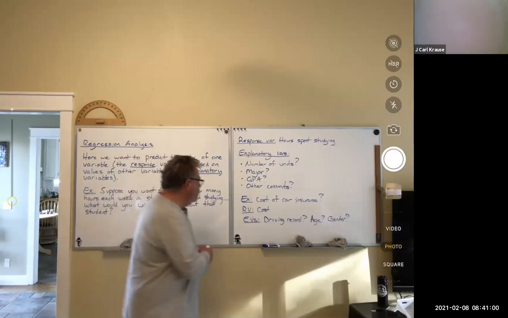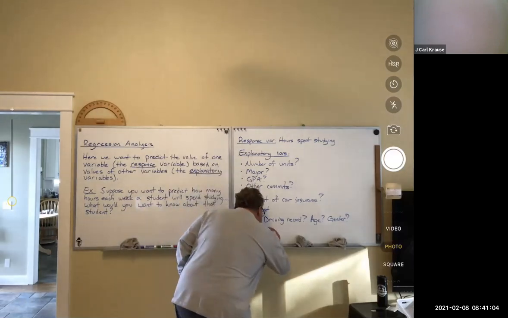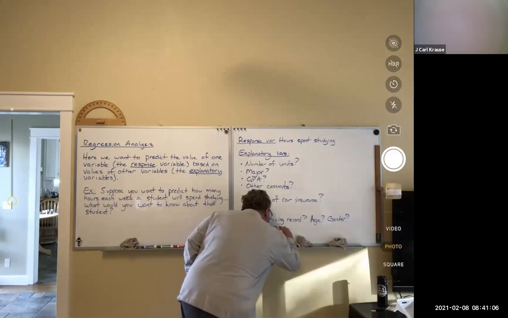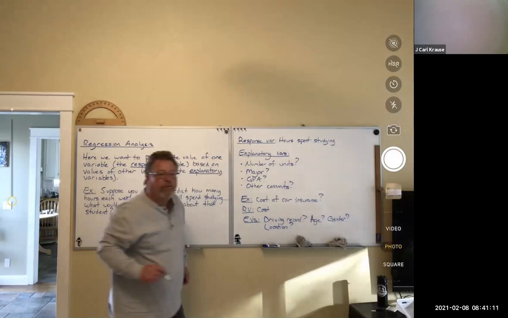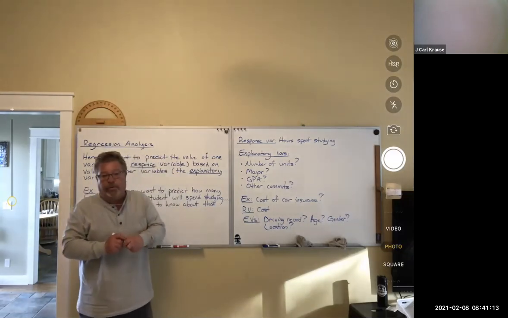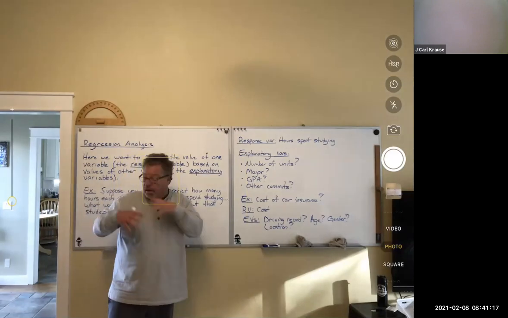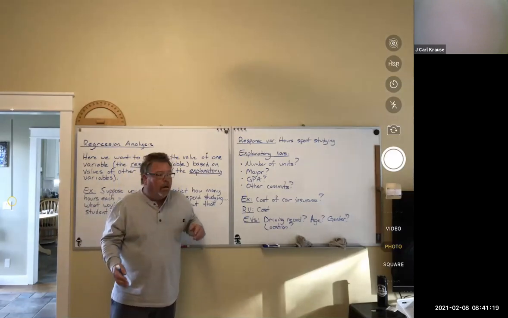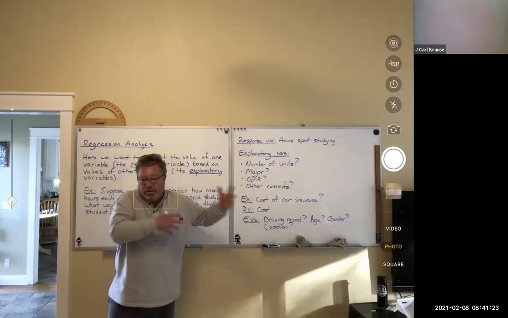What else could explain cost? How about your location? Where do you live? Where will the car be kept? Are we in a sketchy part of town or a good part of town? A sketchy part of the state or a good part of the state?